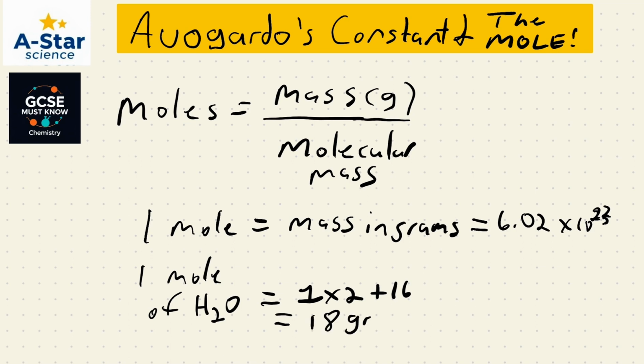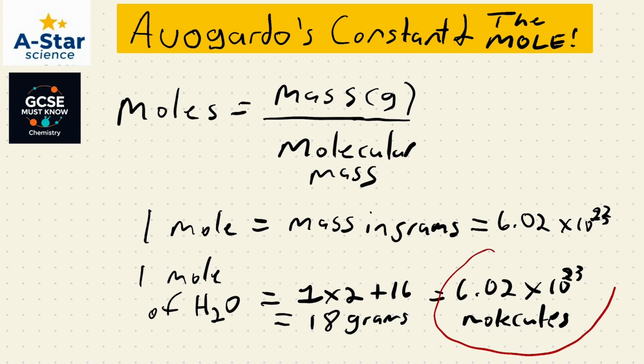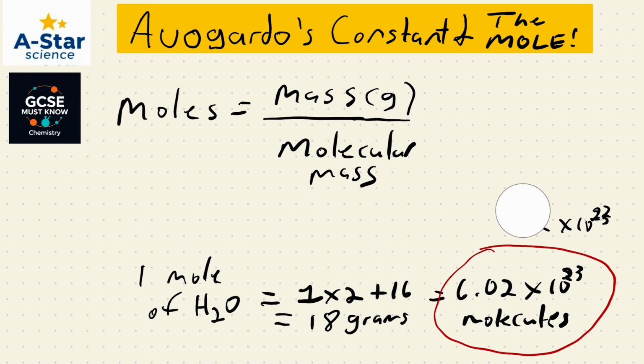So we would need 18 grams of water for 1 mole. And of course, that means we would have 6.02 times 10 to the 23rd molecules of water in that 18 grams. So we see 1 mole is always equal to this number, 6.02 times 10 to the 23rd of a particular substance.